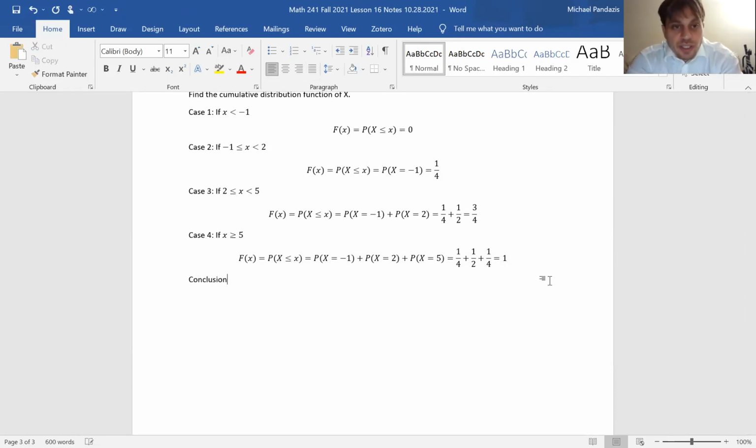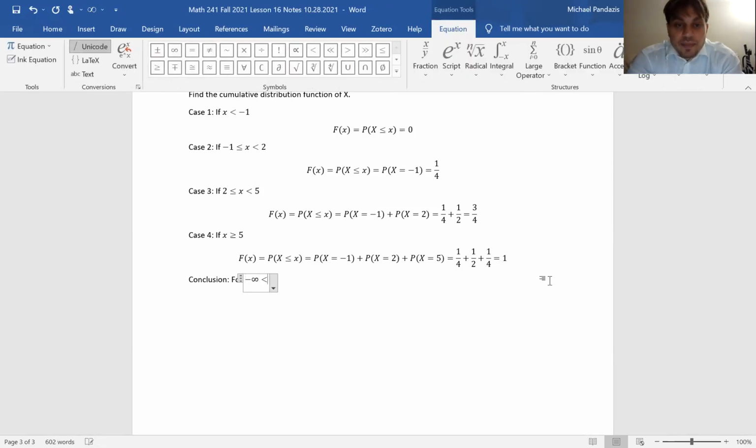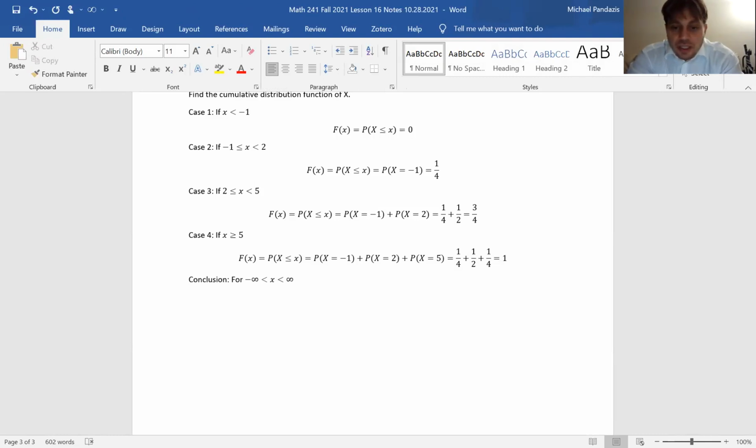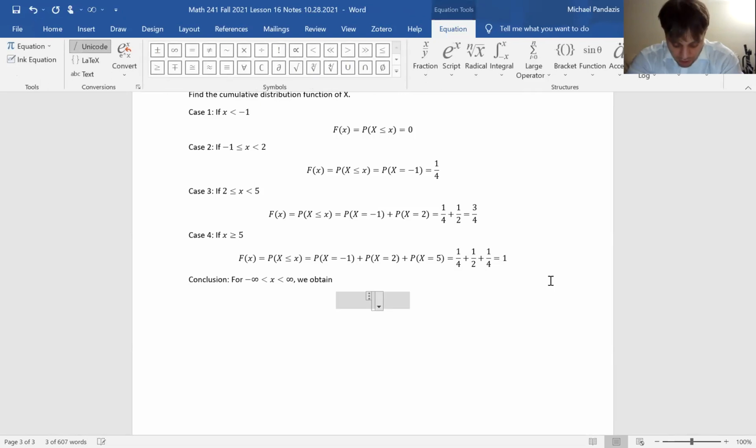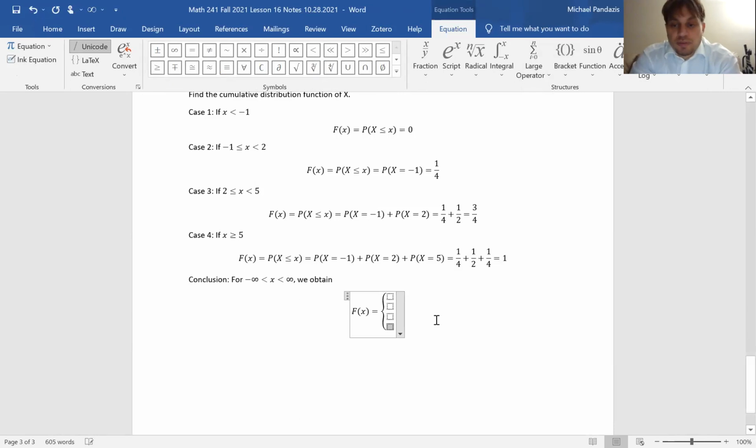So the conclusion is that for negative infinity less than x less than infinity, we obtain the cumulative distribution function. There will be four lines here.